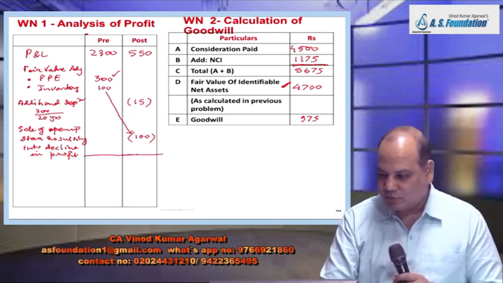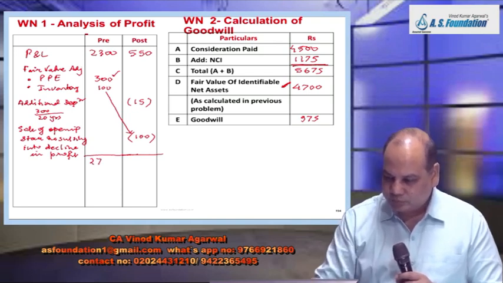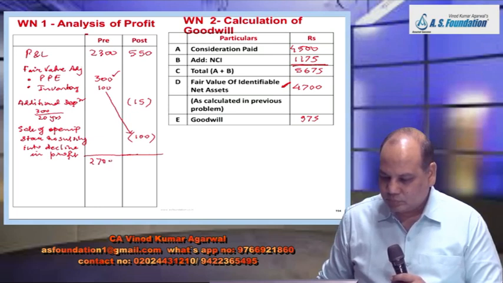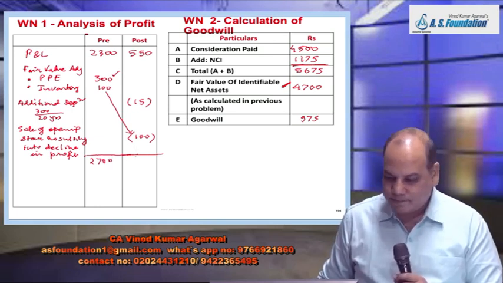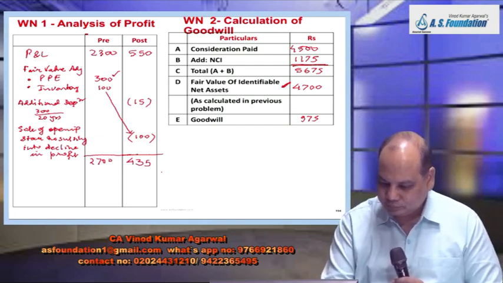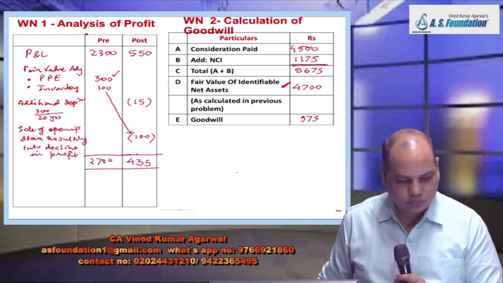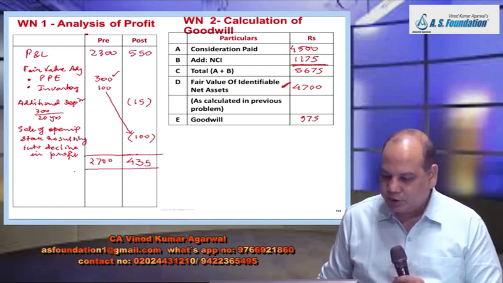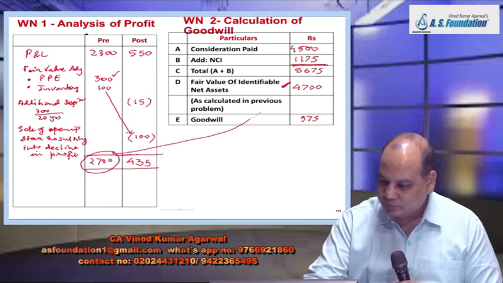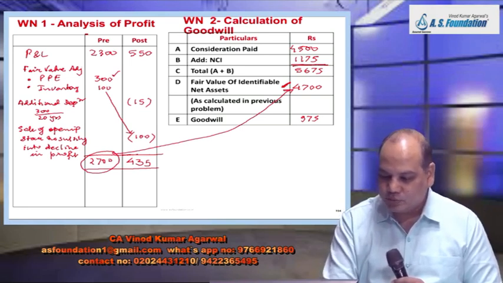Total pre-acquisition 2700, post-acquisition 435. Pre-acquisition, this 2700 is included in this 4700. Post we have to allocate.